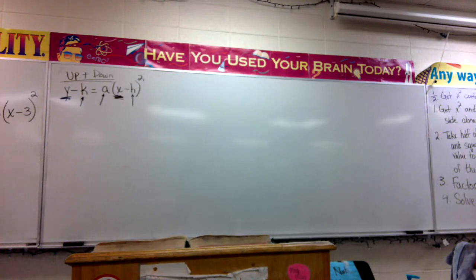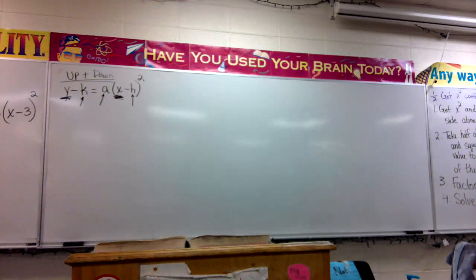It's going to go like this or like this, up or down. Later on in chapter 12, we're going to do sideways ones. And if you take more complicated math, then you'll have ones that go at angles. But for now, up and down.